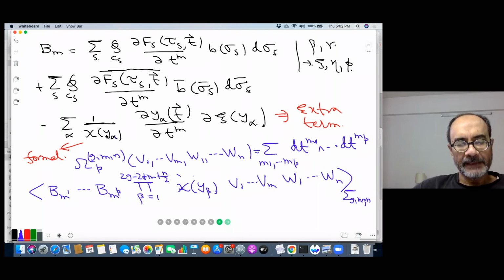Because it appears at most once, it will get cancelled by the corresponding chi factor here. So that's the way we should interpret this formula. Once we expand this out, this is a completely well-defined formula.